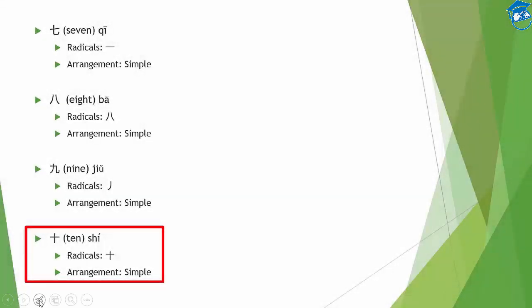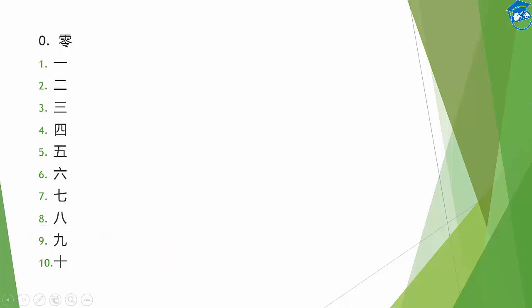Okay, so here are all the basic numbers from 0 to 10. So here I'm just gonna summarize what we have learned from 0 to 10. If you have noticed, each basic number is just one syllable.